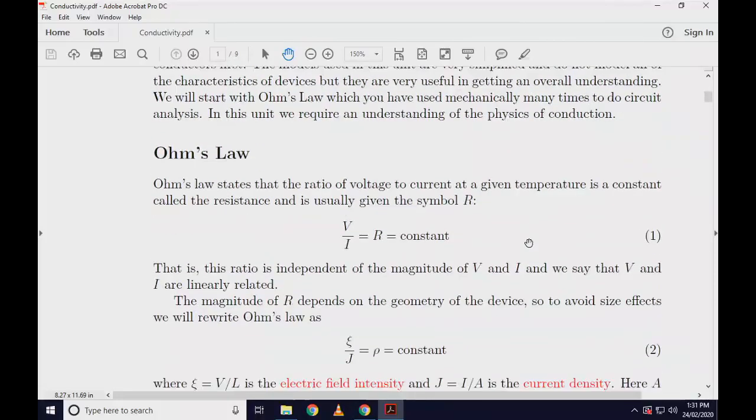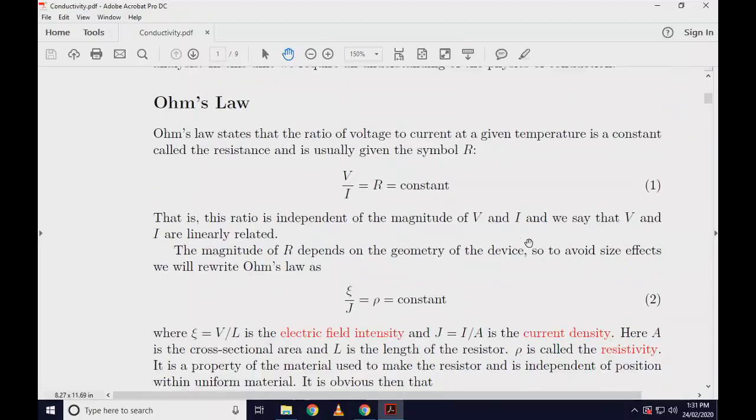Okay, so you've all used Ohm's law, yeah? All the way back to high school, I imagine. When you're solving your circuit equations with resistors and so on, you use Ohm's law to see the relationship between voltage and current. But have you ever wondered why this law exists? What causes this law to come about in a particular material?